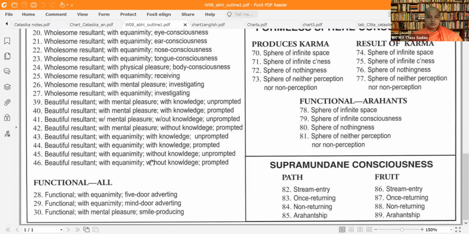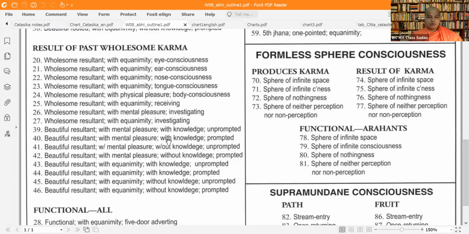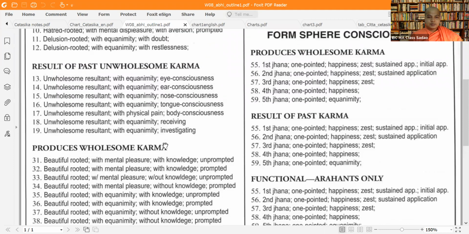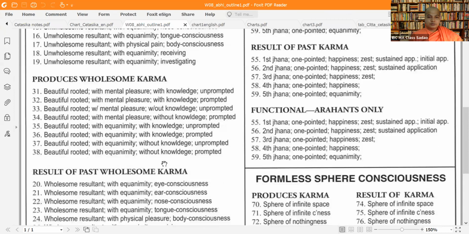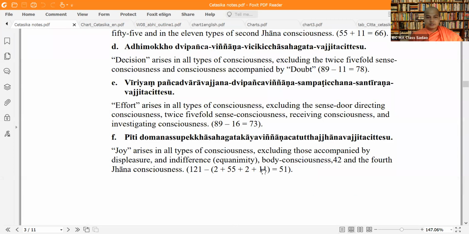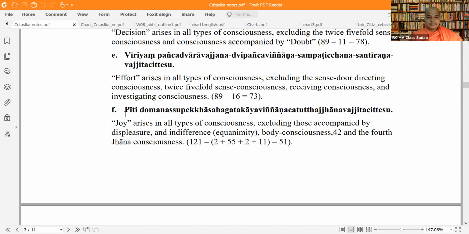So 1, 2, 3, 4, 5, 6 plus this 5 and this 5, 10. So 16. In these 16 types of consciousness, it is not present. Okay. So 89 minus 16, you have 73. Virya is present in 73 consciousness.